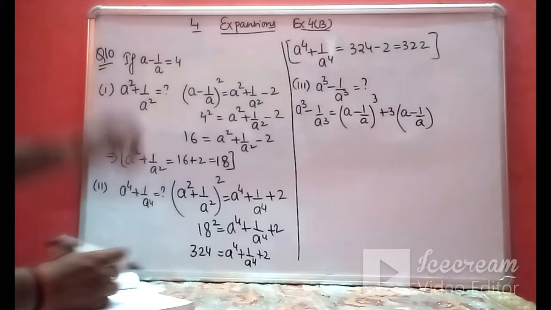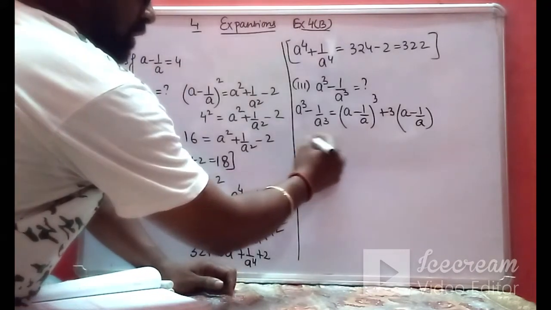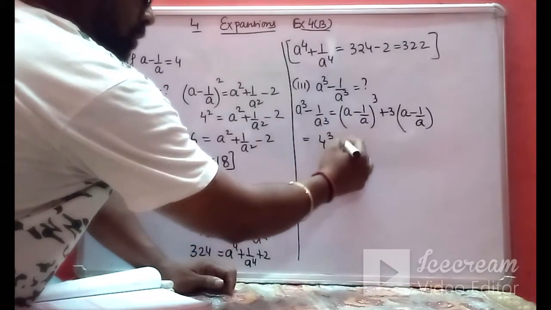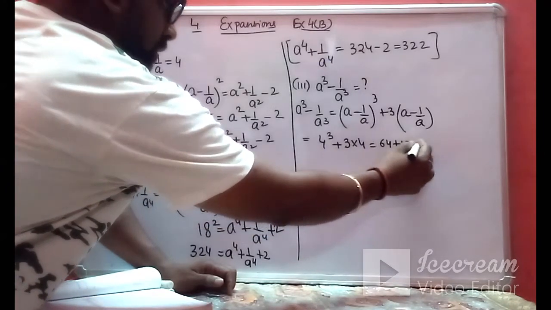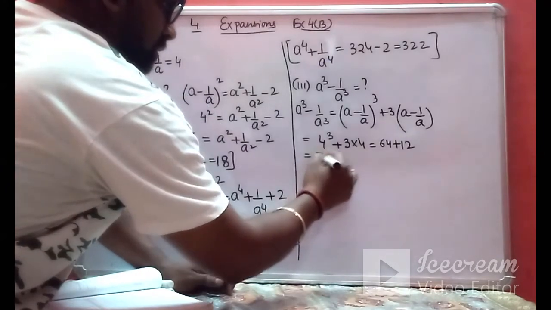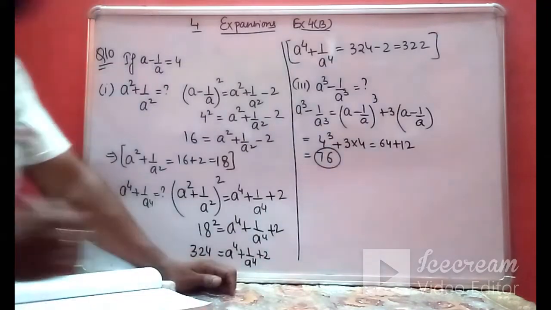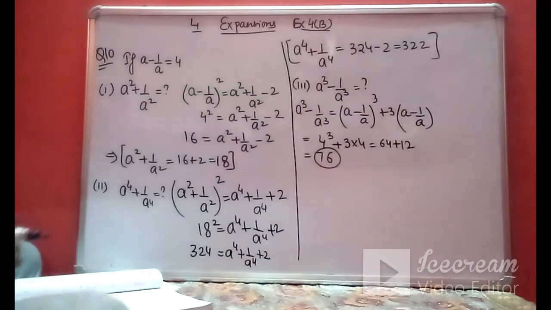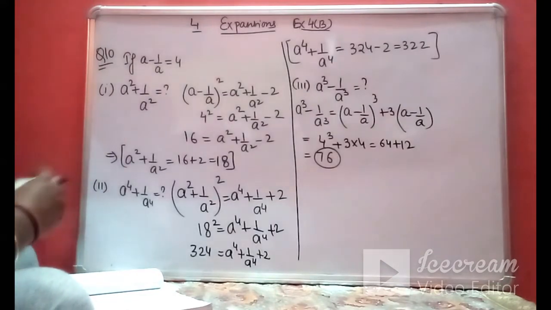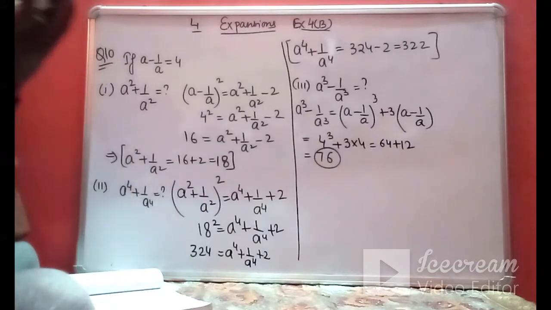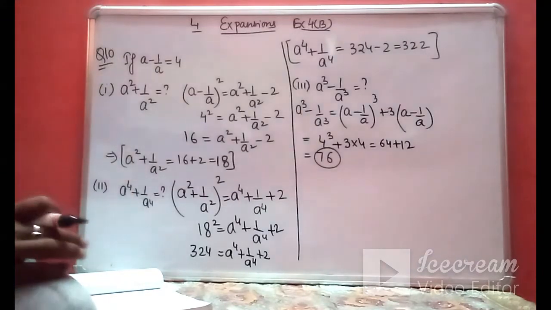Put the value, you will get 4 cube plus 3 into 4, that is 64 plus 12. Answer will be 76. So these are the basic identities that you have to remember whenever you want to solve the questions related to these identities. Understood?